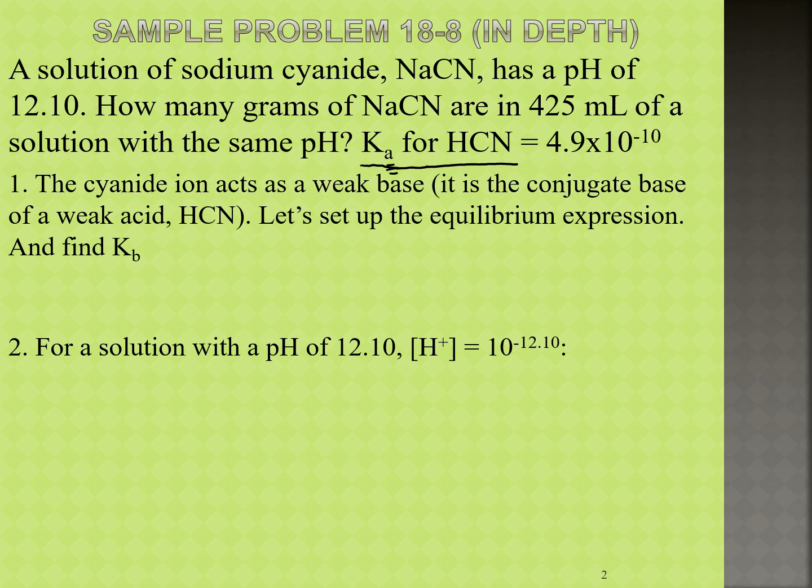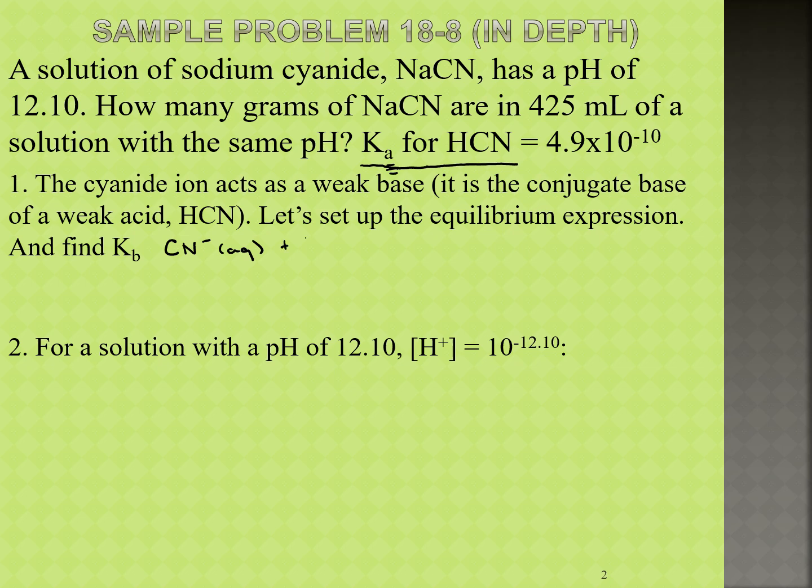Now what we're going to do is set up our equilibrium expression and find our Kb. So we know that in this problem, we would have our cyanide, which is from the sodium cyanide, but the sodium part is just going to be a spectator ion.